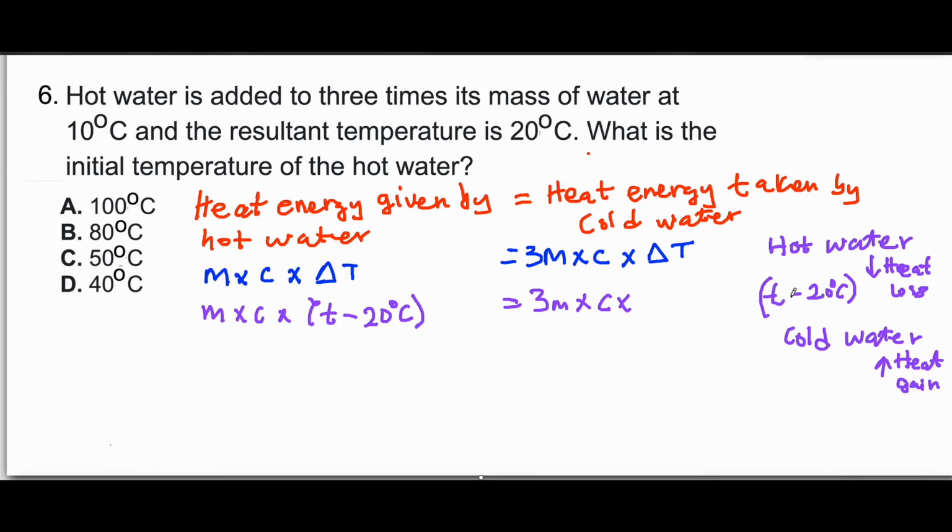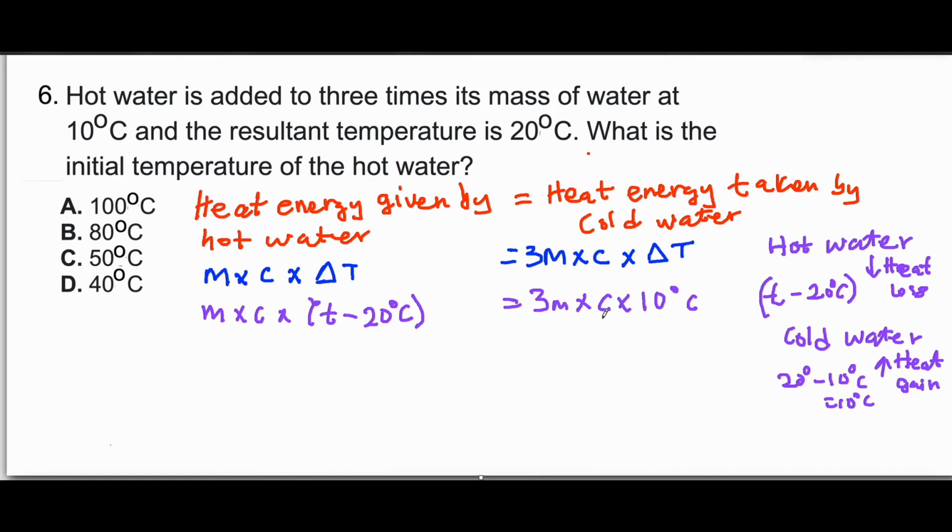So what would be the change in temperature? We're looking at 20 degrees minus 10 degrees, because the initial temperature was 10 degrees, then the resultant temperature is 20 degrees, which means it has gained heat. So 20 degrees minus 10 degrees Celsius, we have 10 degrees Celsius. Okay, so that is what we'll write down here.